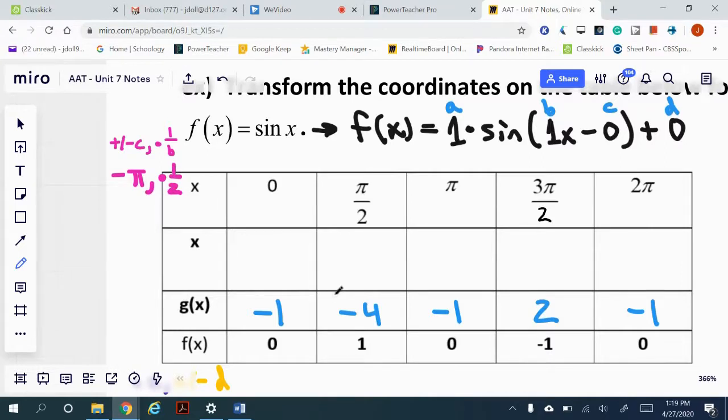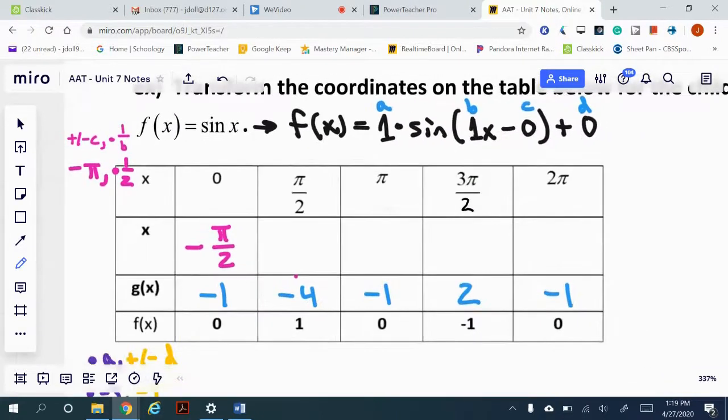So 0 minus pi is -pi, times 1/2 is -pi over 2. All right, and guys, I'm going to go through the arithmetic of the fractions quickly, because we should be able to handle fractions here. But -pi over 2, minus pi is going to give us -3 pi over 2, times 1/2 is going to give us -3 pi over 4.